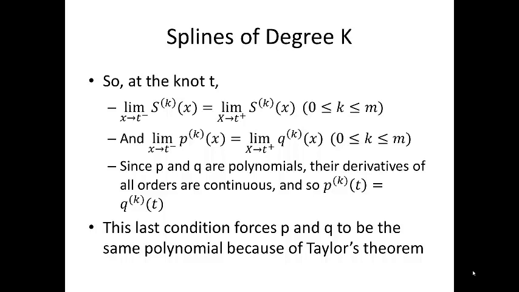Since p and q are polynomials, their derivatives of all orders are continuous, and so the kth derivative of p is equal to the kth derivative of q. The last condition forces p and q to be the same polynomial because of Taylor's theorem. This argument can be applied at each of the interior knots, t_1, t_2, through t_{n-1}, and we see that s is simply one polynomial throughout the entire interval from t_0 to t_n.